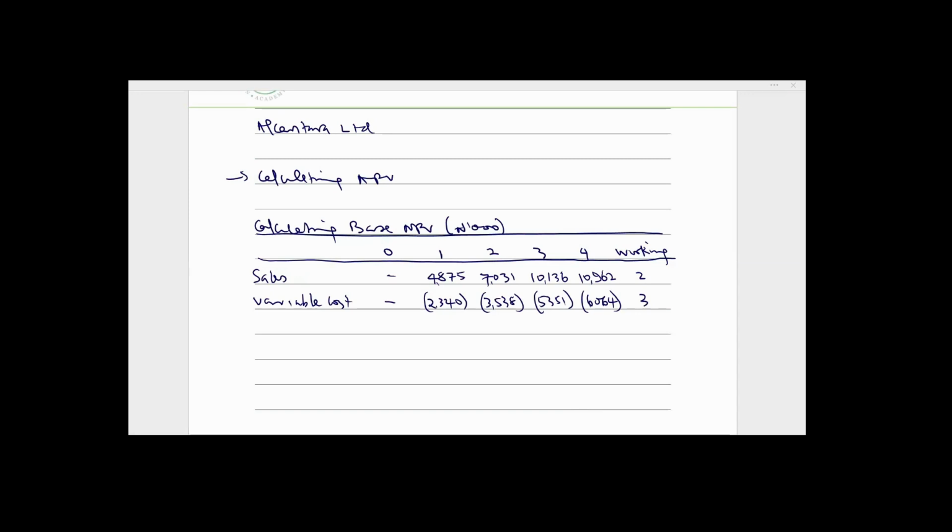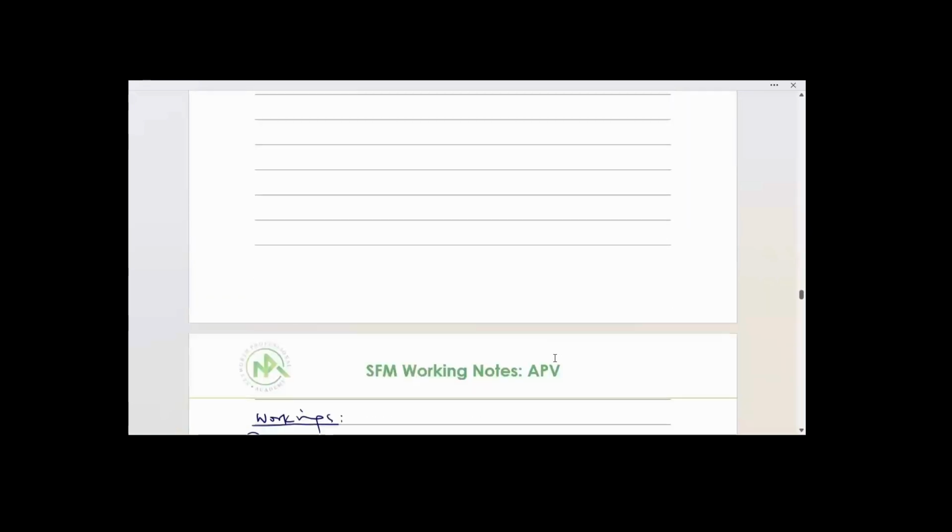So if that is the case, let me go and do my working for that. Working number 4, fixed overhead. You are told that 60% is for the centrally allocated overhead, so only the 40% is relevant.